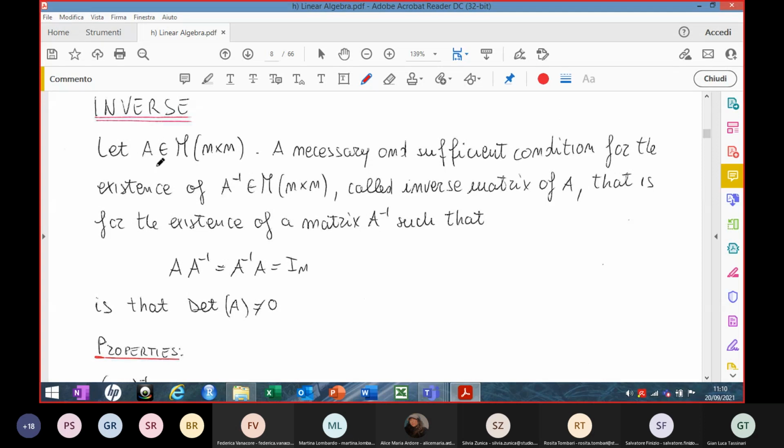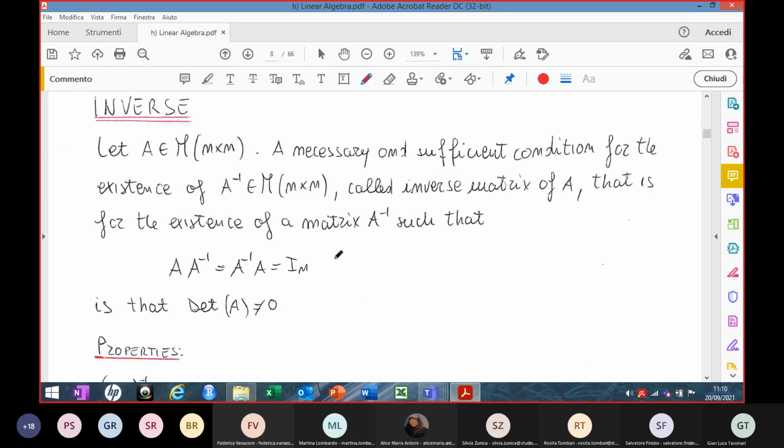So if the determinant of a given square matrix is equal to 0, then the inverse does not exist. If it exists, this is the inverse, guys, a matrix such that if you multiply A by its inverse, or if you pre-multiply A by the inverse, what you get is the identity matrix.